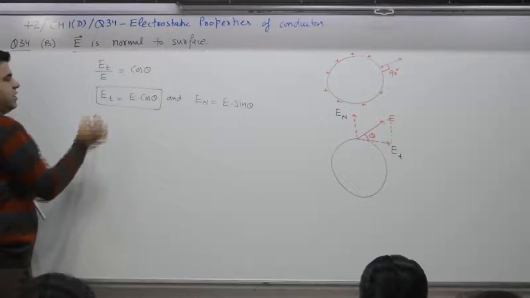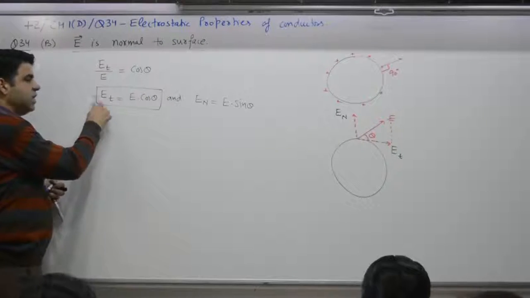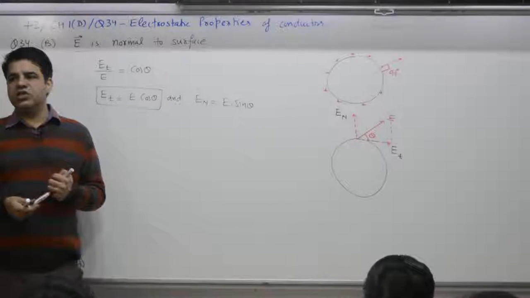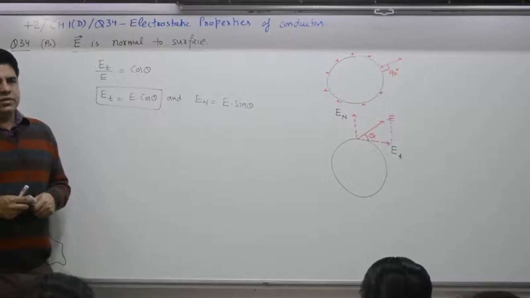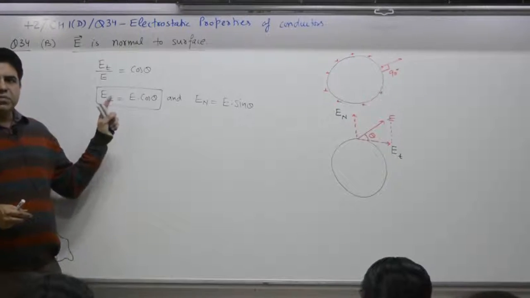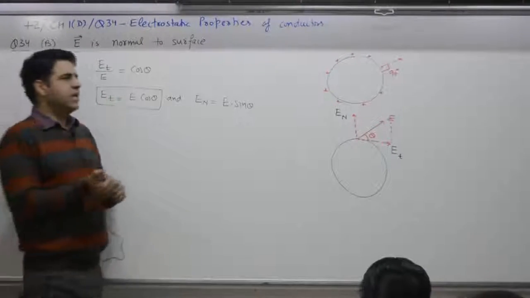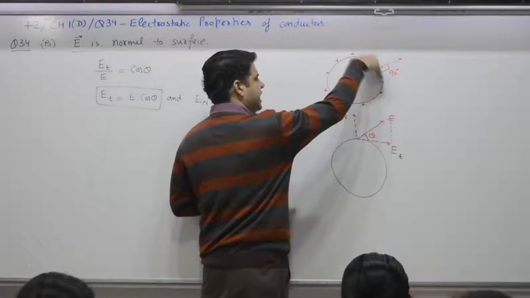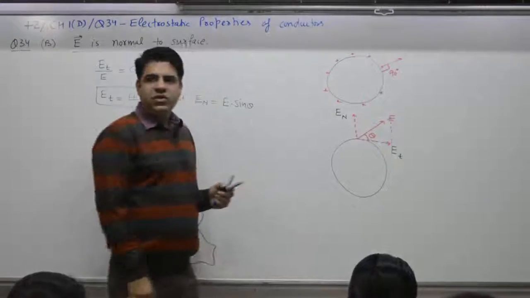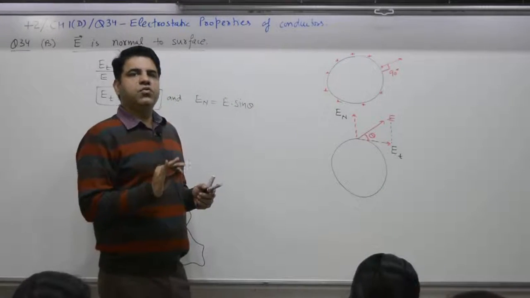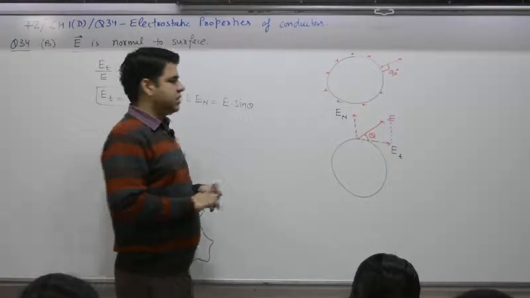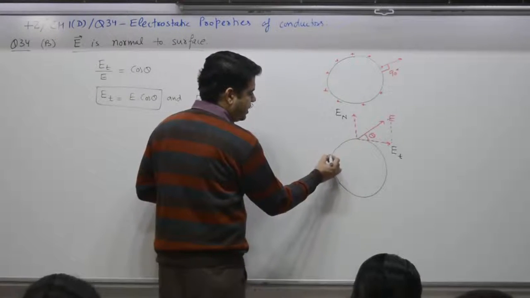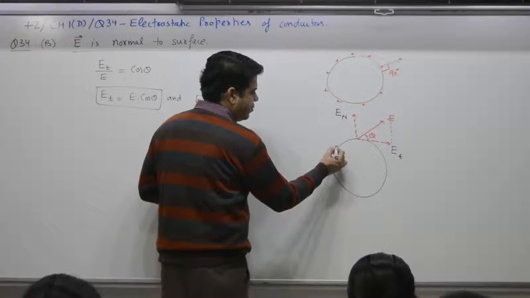What is the significance of E? Electric field means force per unit charge. That means there will be some tangential force acting on the charge. If any tangential force acts on the charge, it will move. It will shift to a new position.